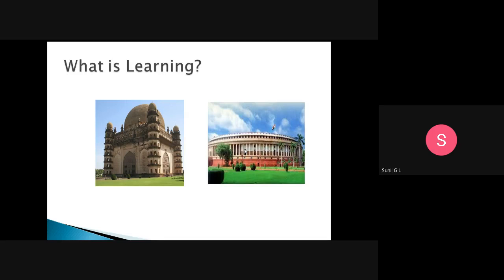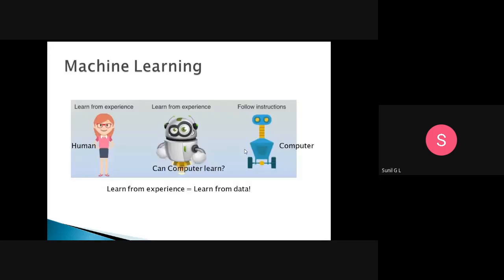Then what do we mean by machine learning? Machine learning is like that: a human learns from experience, but a machine learns from data.